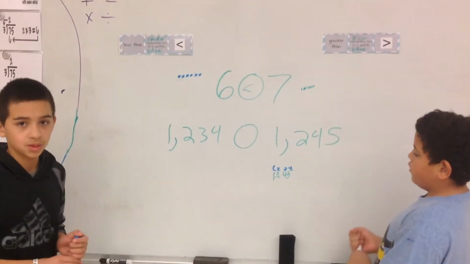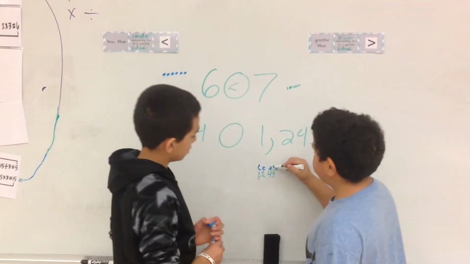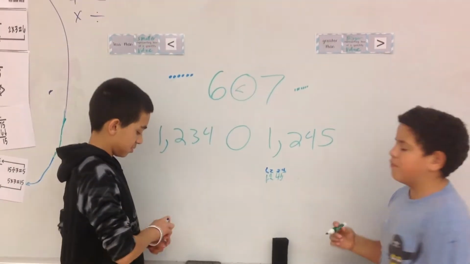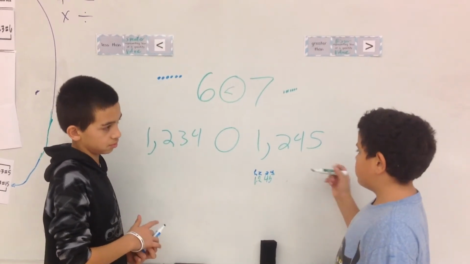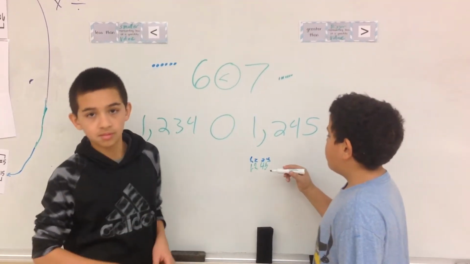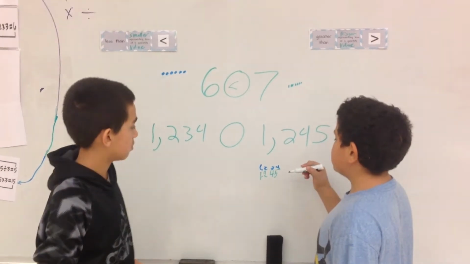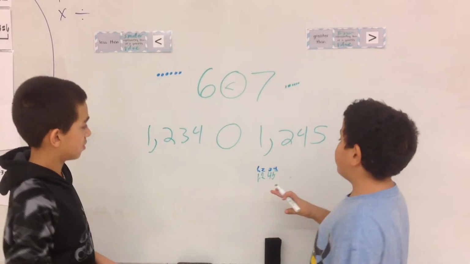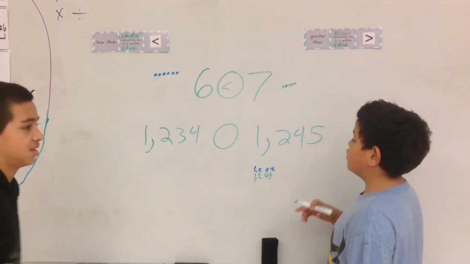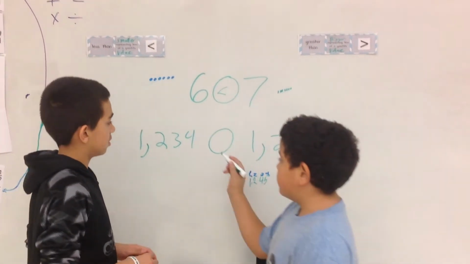So you look at the tens place and what do you see? We see a 3 and a 4, and a 4 and a 5. So in the tens place, which is greater? 1,245 is greater than 1,234. Okay.